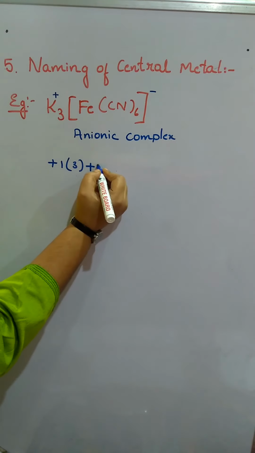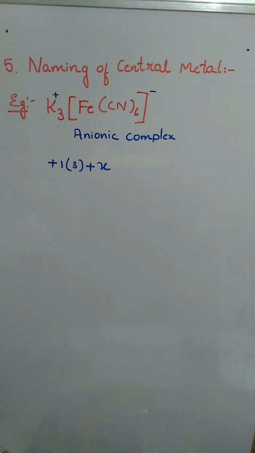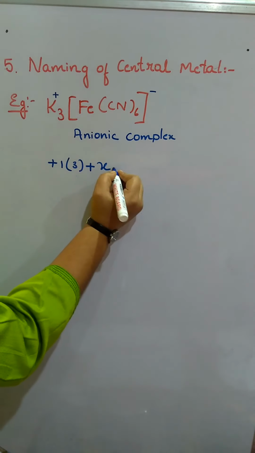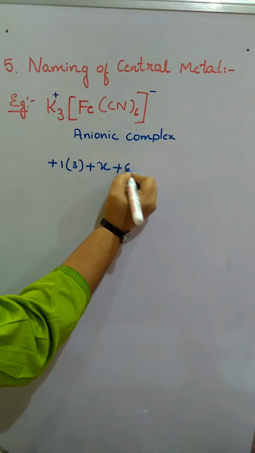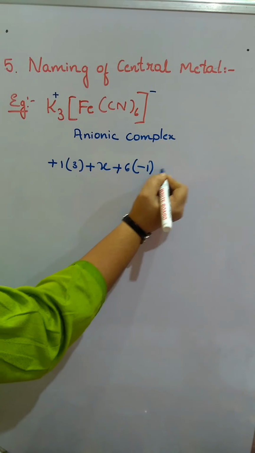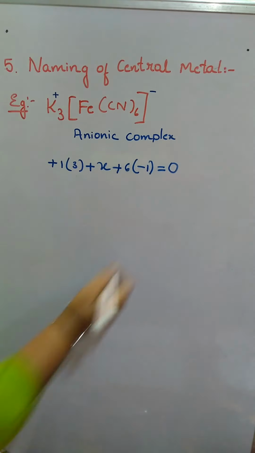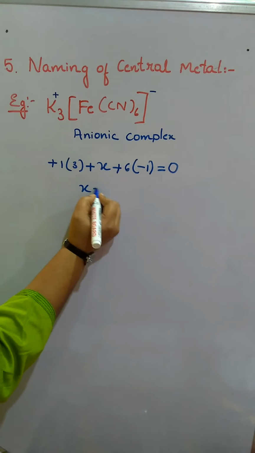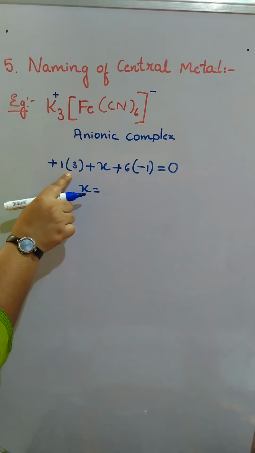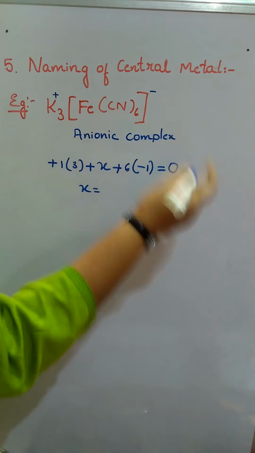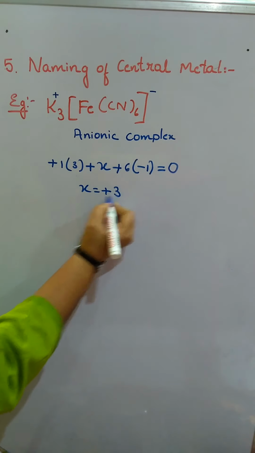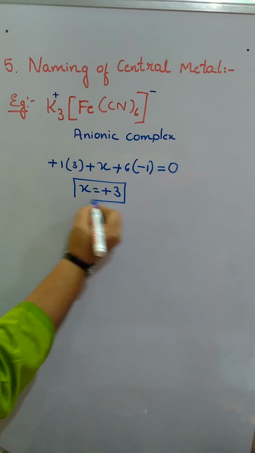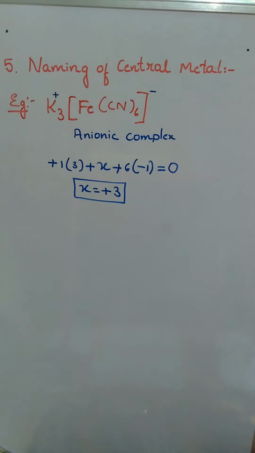And next is iron, that's what we are going to calculate. X plus 6, and each one is with minus 1 as the charge. The charge on the complex is 0. So X is equal to minus 6 plus 3, it becomes minus 3. Shift to that side, then it becomes plus 3. So the oxidation state on iron is plus 3.